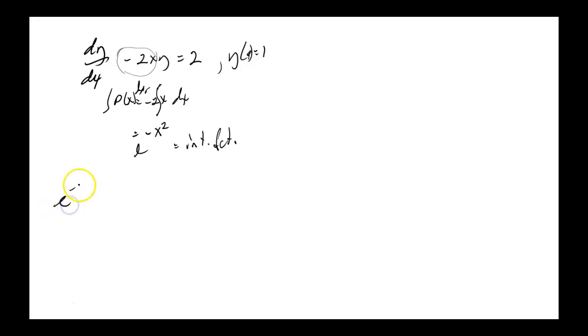That's e to the minus x squared dy/dx minus 2xy e to the minus x squared. I probably could have written that first. And that's equal to 2 e to the minus x squared.